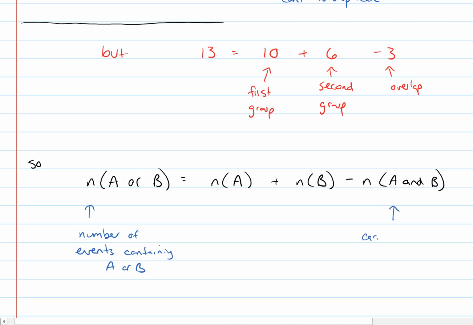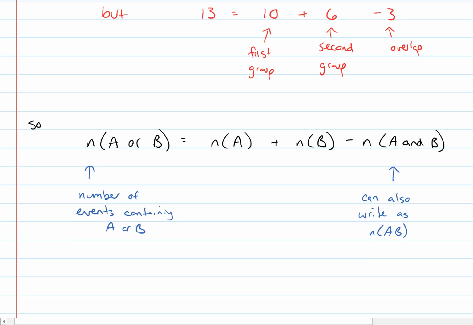And you can also write this, the both part, as the number in AB using what looks like Boolean notation.